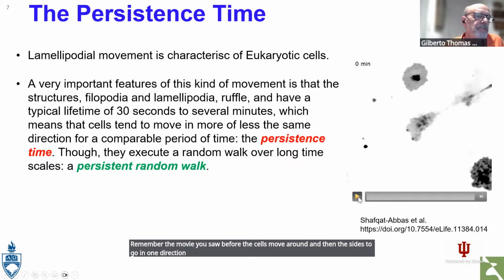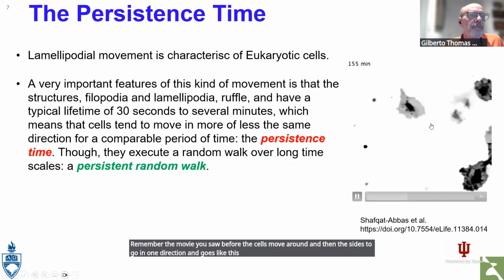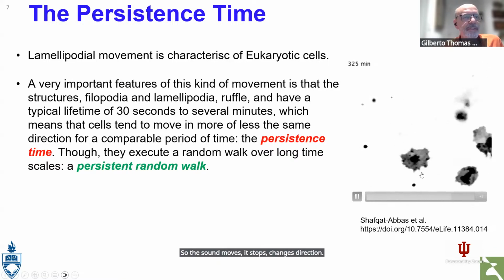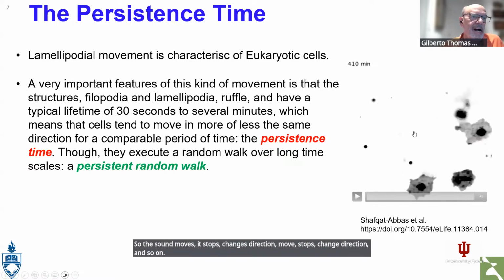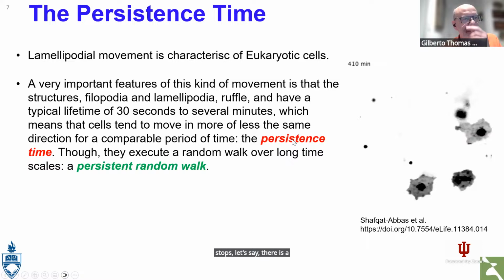See, the cell moves, stops, changes direction, moves, stops, changes direction, and so on. So between two stops, there is a persistence time where the cell goes in one single direction.